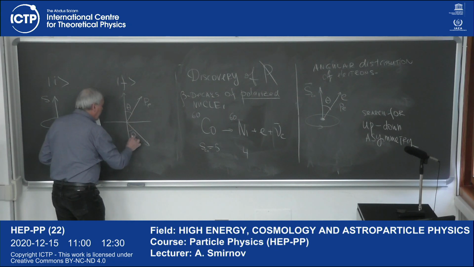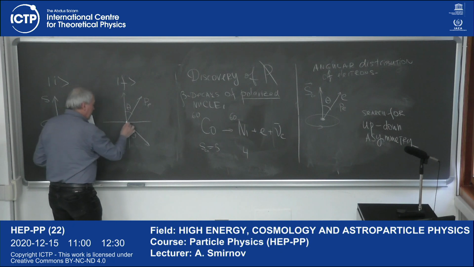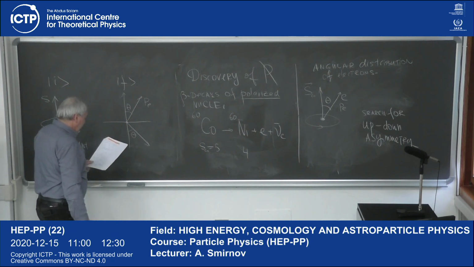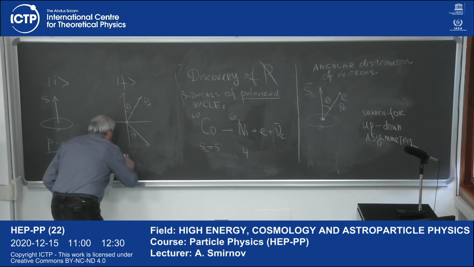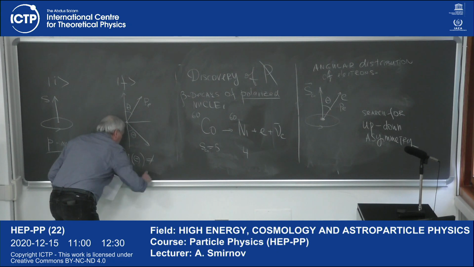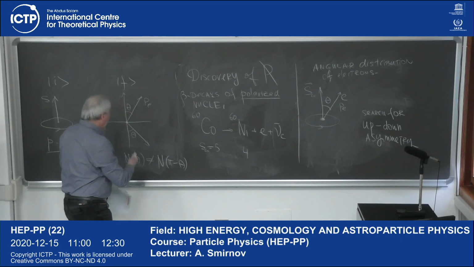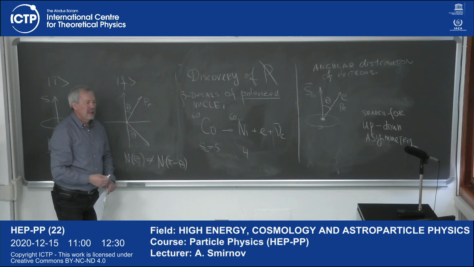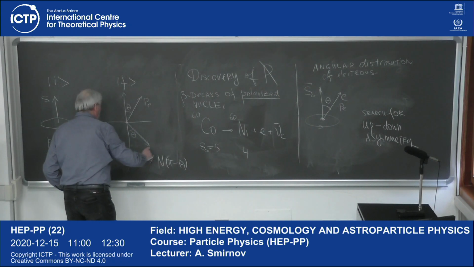So this is the same theta. Integrate over theta and compare the number of events with electrons flying up and down. So if you would observe that number of events with theta is not equal to number of events with pi minus theta, then you certainly violate up-down asymmetry. And so this is P non-symmetric state.